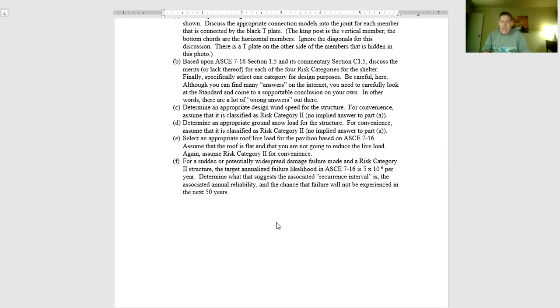The roof live load here would be 20 PSF. A lot of people were choosing 100 PSF because they saw that this was an area of assembly, and therefore they saw an ASCE 7-16 Table 4-3.1 and went down to roofs and saw that, oh, for an area of assembly, that would be 100 PSF. No, right?